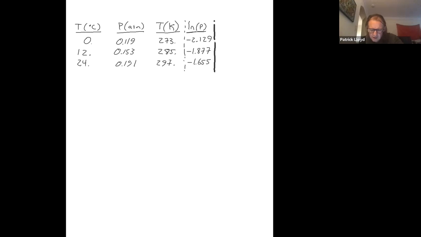And I'm going to do one more column, which is 1 over temperature. And this is in reciprocal kelvins. Okay, so right now I'm just going through the calculations here, and then I'll talk a little bit more about why I'm doing it this way. So now I'm just going to take 1 over 273, and you get 0.00366.